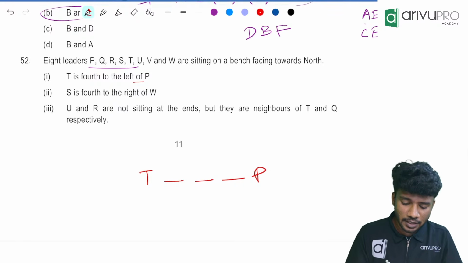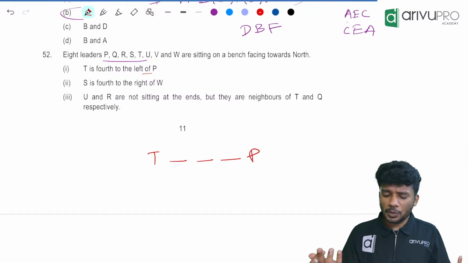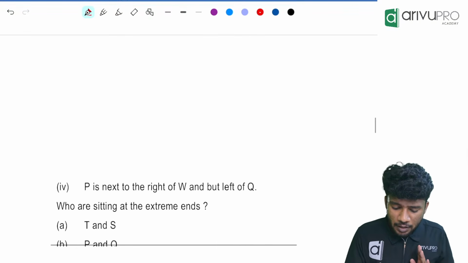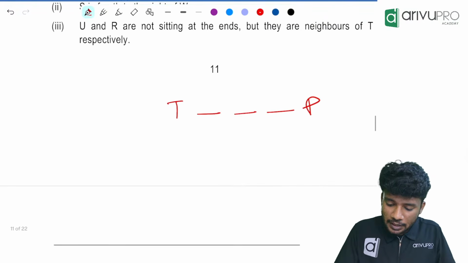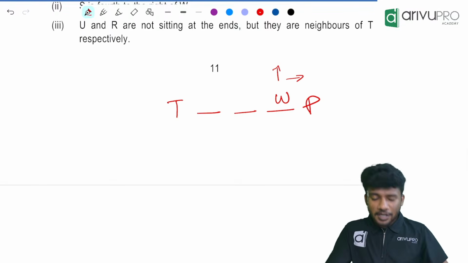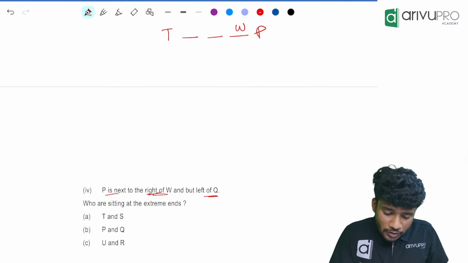We will read the next line. U and R are not sitting at the end, but are neighbors of T and Q. Anyway, we are not going to get a conclusion. We will check the last line. P is next to the right of W. P is right of W. That means W should be here. Then only P can be on the right. Then what is there on the left of Q? Who is on the left of Q?